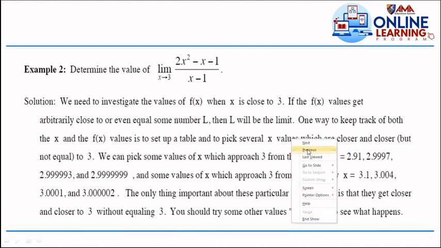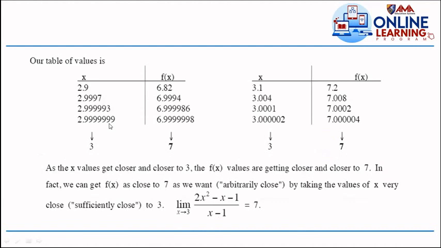Okay, so for example 2, we are going to use the table method. So paano ba siya gagawin? Okay, our table of value is if x is equal to 2.9, the function of x is equal to 6.82. So paano nakuha yung 6.82?